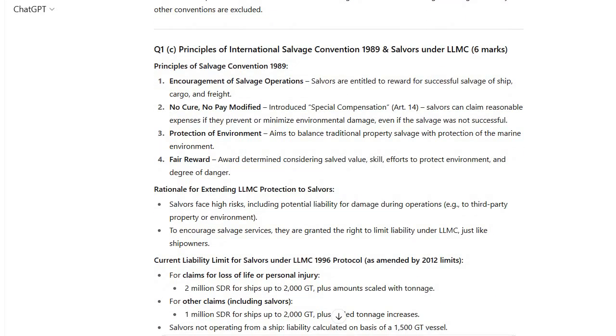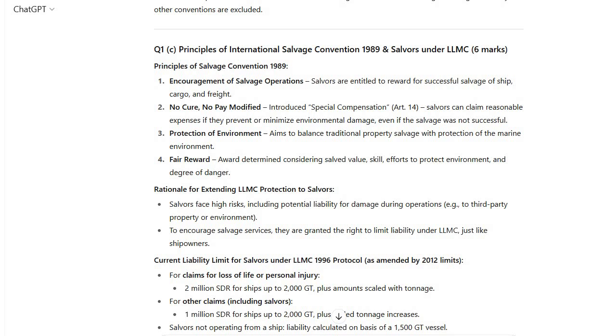Principles of the International Salvage Convention 1989, and salvors under LLMC. Encouragement of salvage operations: salvors are entitled to a reward for successful salvage of ships, cargo, and freight. No cure, no pay, modified.